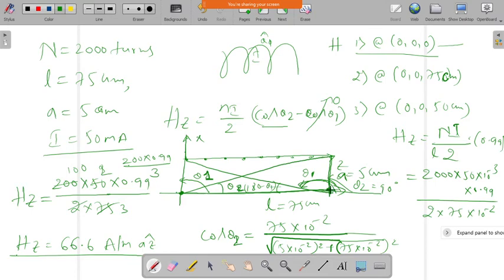At this end, theta 2 will be 90 degree, so now this will go to 0 for the second case, and we have to find out theta 1. So we can write 180 minus theta 1, finding out this angle.